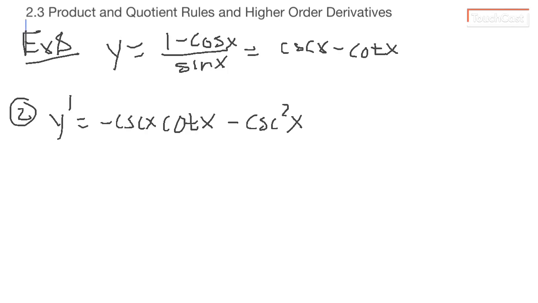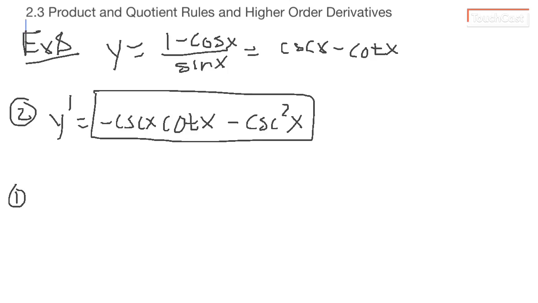Let's just take a peek at what we got from that first one we did, because we're done with part 2. In that first one, we had 1 minus cosine x over sine squared x.